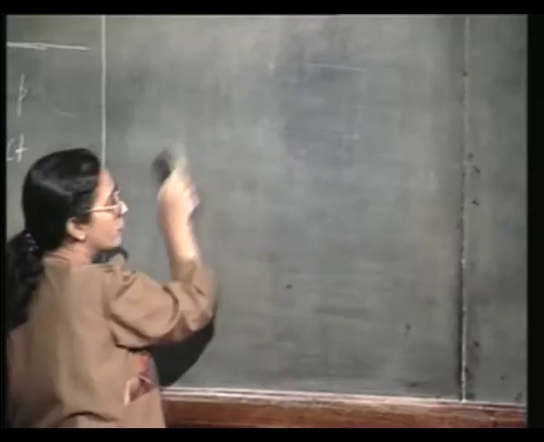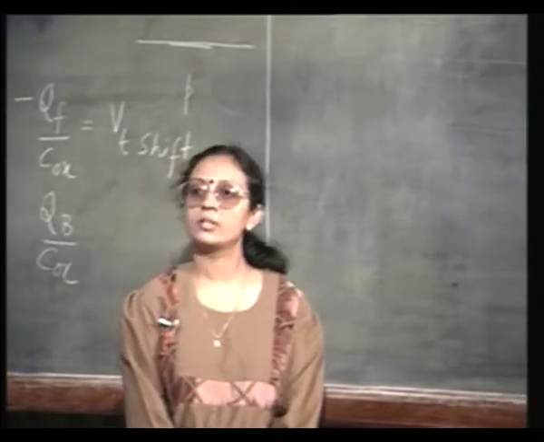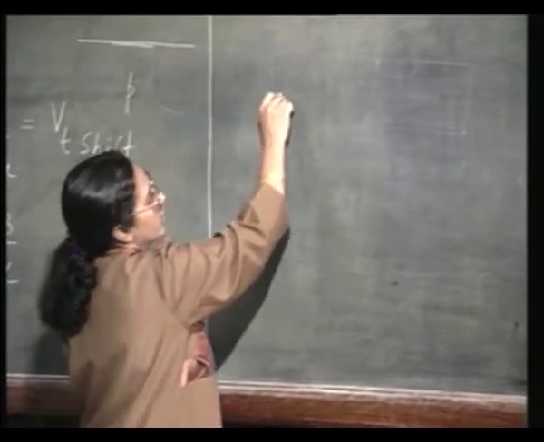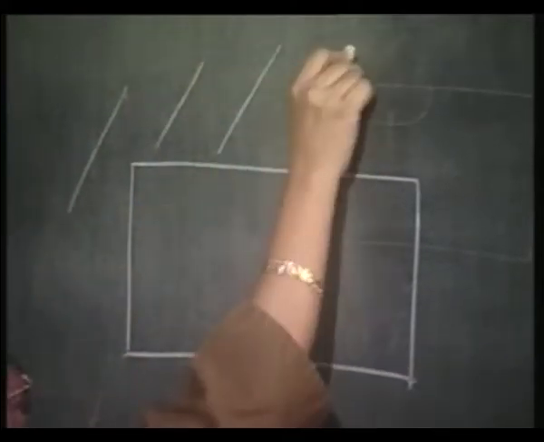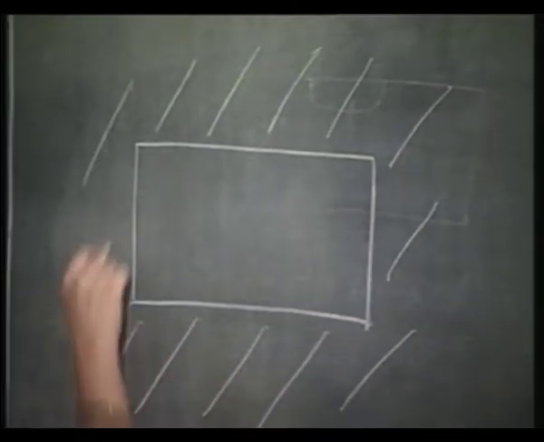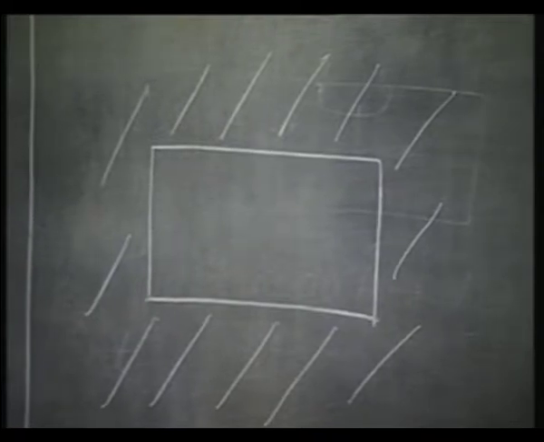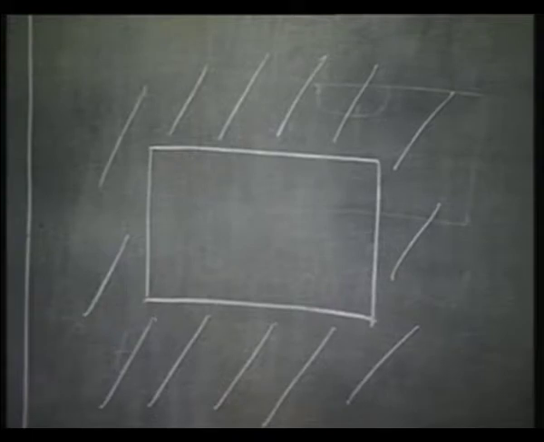We look at the top view of the masks. Okay. First of all, you have thick field oxide everywhere, and then you open an active transistor region in this. Rest is all protected by oxide. Okay, the hatched region is all thick field oxide and I have opened a window in that thick field oxide. Now, let me define my gate.